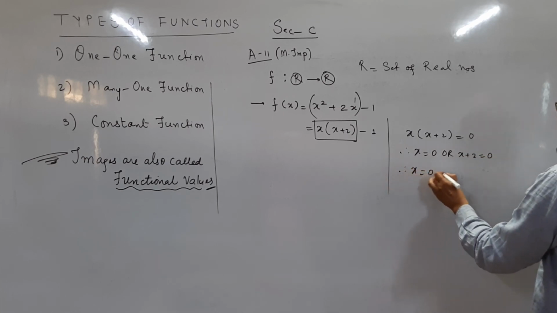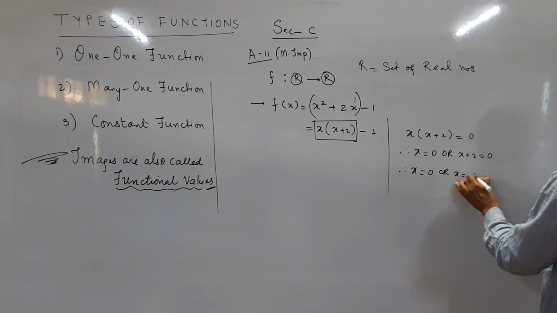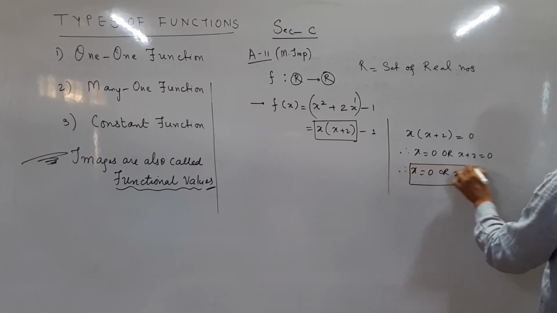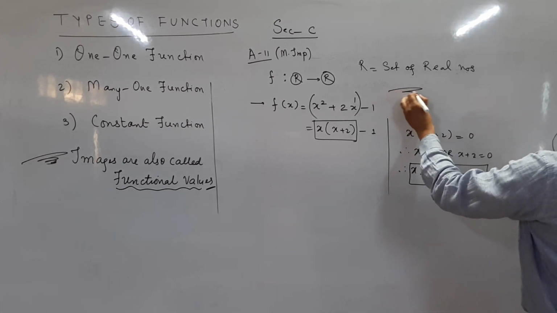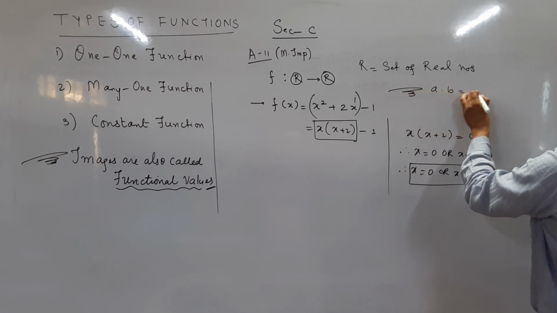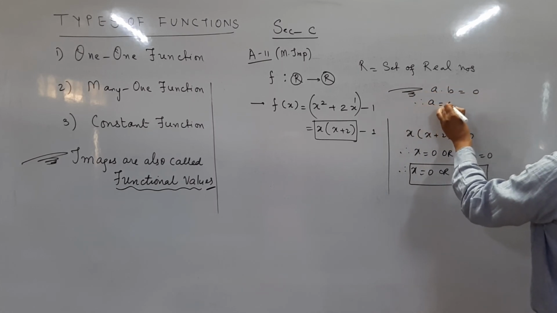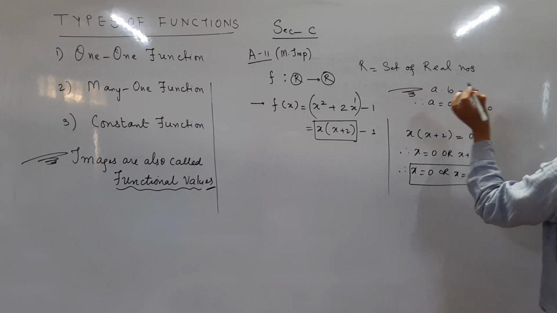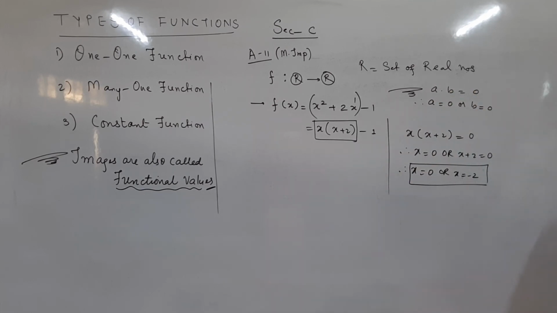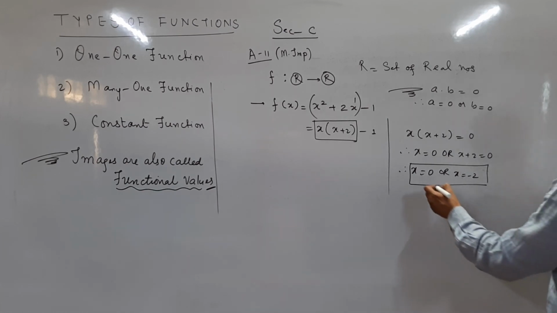Therefore x is equal to 0 or x is equal to minus 2. This one should be right. This all of you know, that if a into b is equal to 0, therefore either a is 0 or b is 0, or both. This all of you know. So you got two values, and those two values are 0 and minus 2.